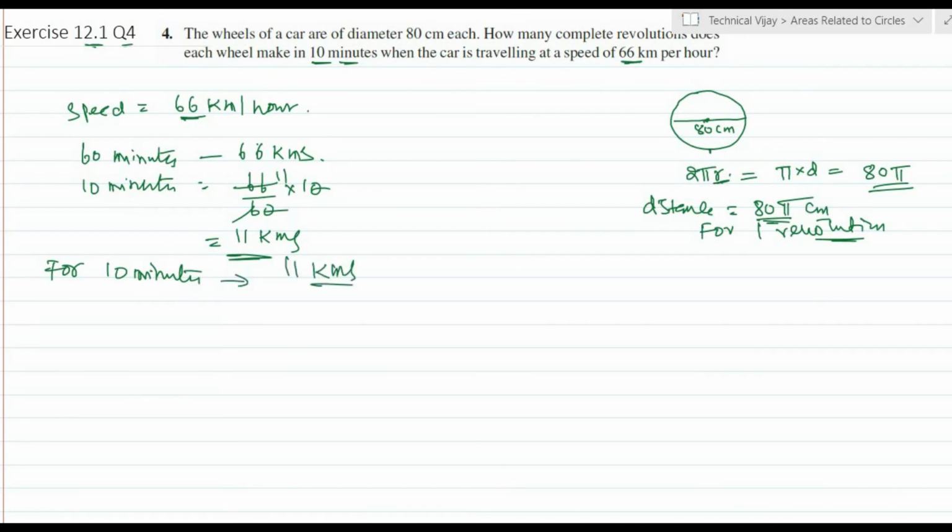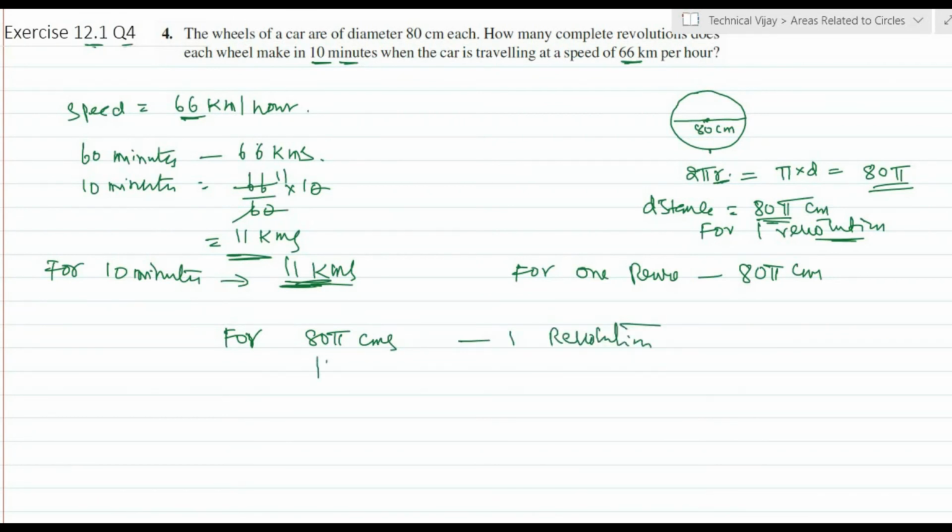So what he has asked is, for 10 minutes, how many revolutions will it take? For one revolution, it is 80 pi centimeter. So for this distance, that is for 11 kilometers, how many revolutions will it take?